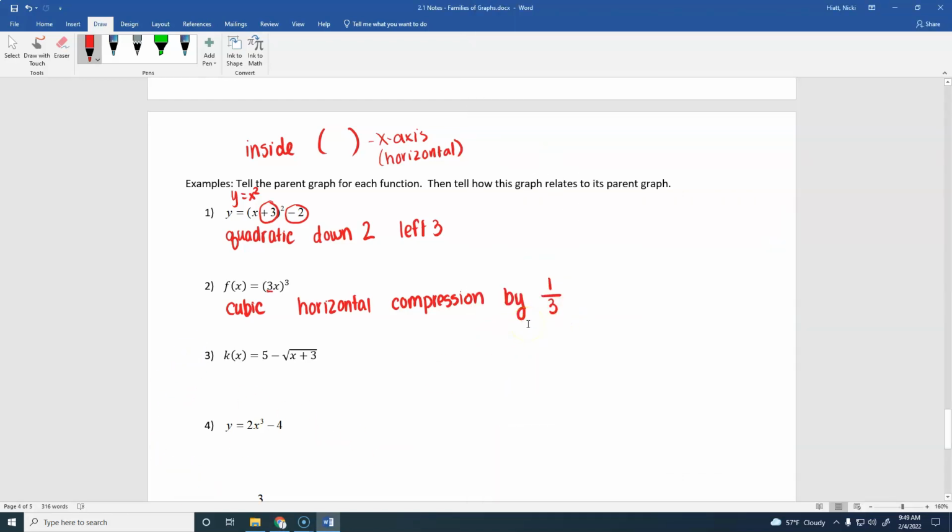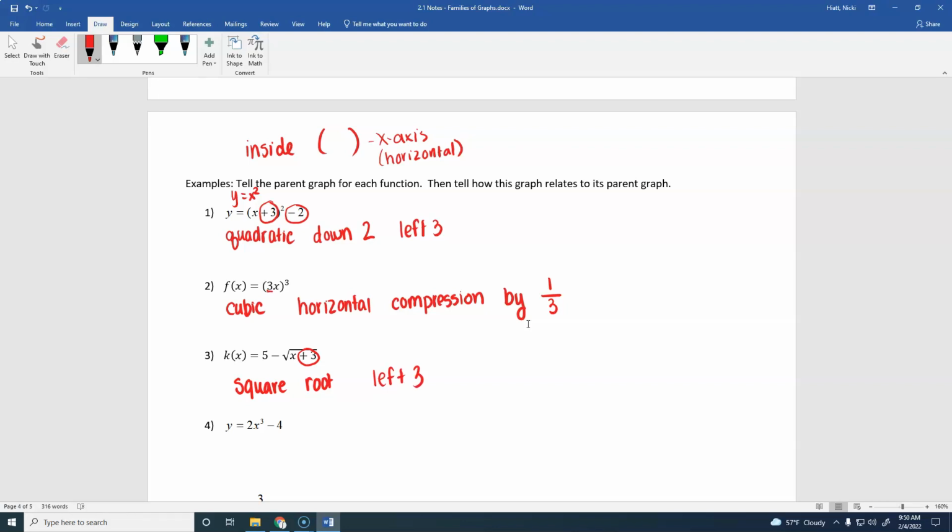So let's move on. All right. Here we have a square root. Blaine, tell me one thing that's going to happen to that square root function. Yes, very good. That plus 3 right there is going to cause it to go left 3.